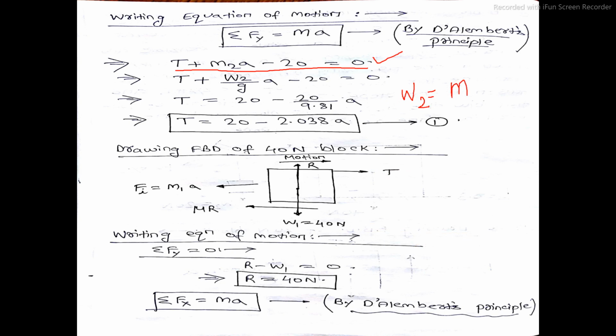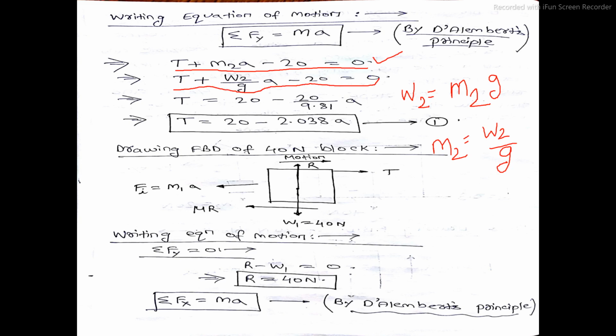So mass of the smaller block m2 is W2 by g. In place of m2, replace W2 by g. So we will get T plus W2 by g into a minus 20 equal to 0.